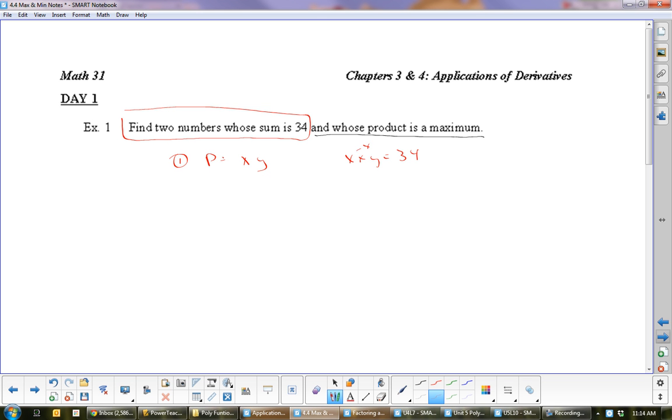Okay, so we minus x, y equals 34 minus x. So now we can sub this into here. So P would equal x times 34 minus x.